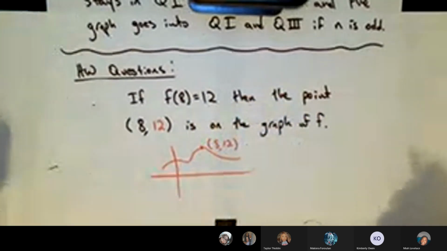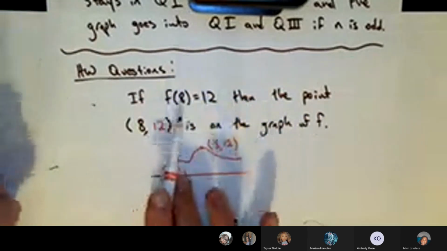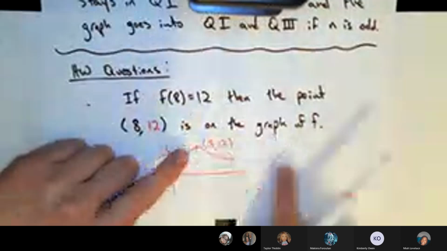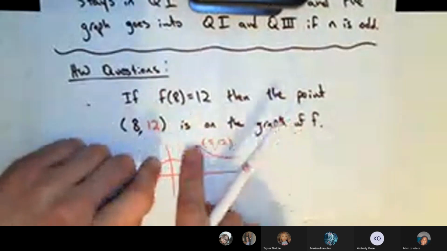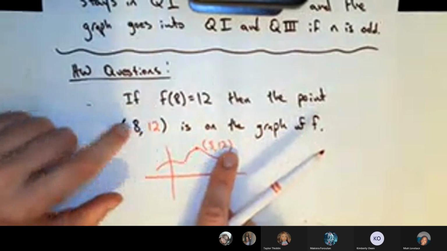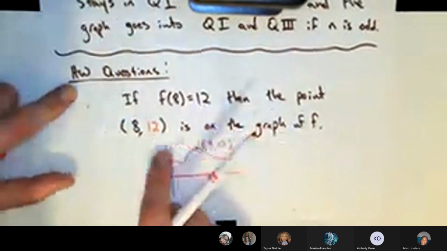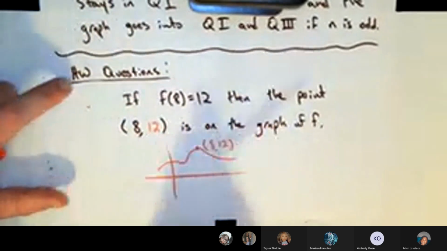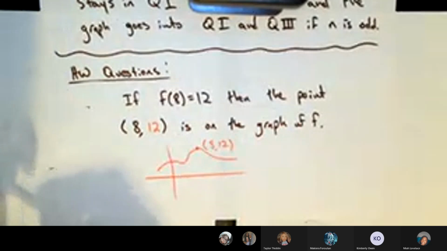Maybe it's something like that, but that's the point. If we say f of 8 equals 12, then we could graph that corresponding coordinate point on a Cartesian coordinate plane, with 8 being in the first position, typically represented by x, and 12 being in the second position, typically representing a y value on the vertical axis.